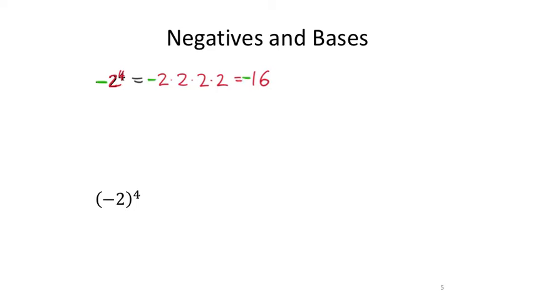Hopefully that clarifies what's happening here, because now I've got negative 2 in parentheses to the power of 4. So this means I have to take the parentheses all together, and then multiply it by itself 4 times. So there's 1, there's 2, and I should be able to do 3 and 4.